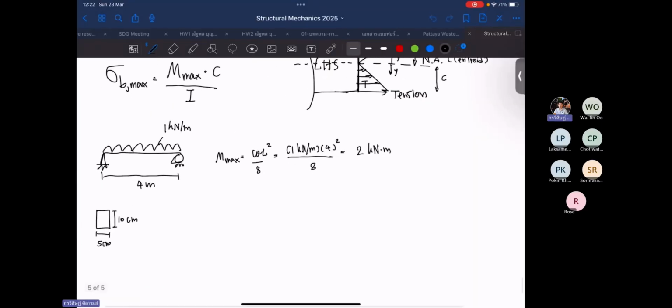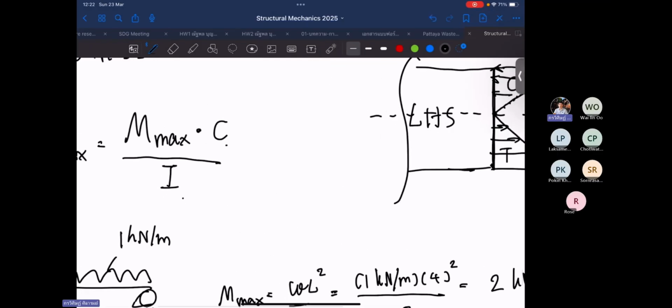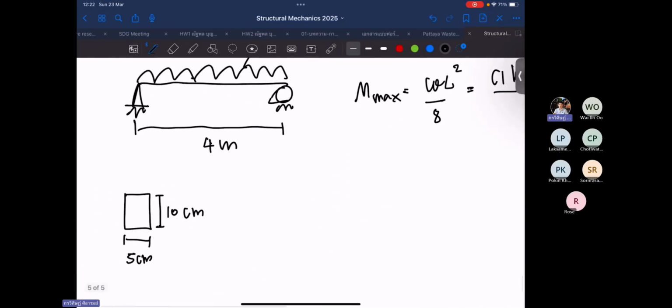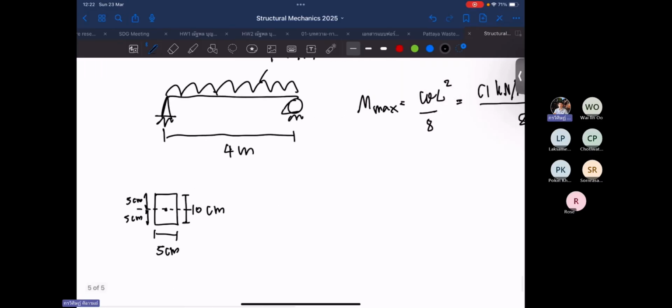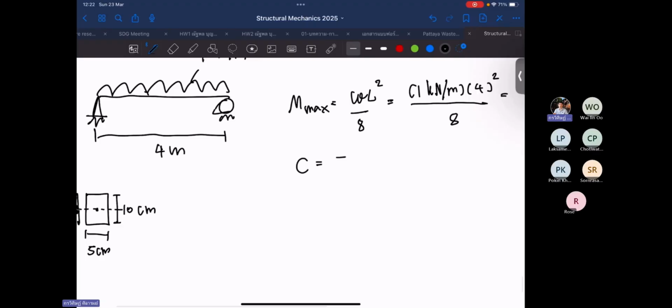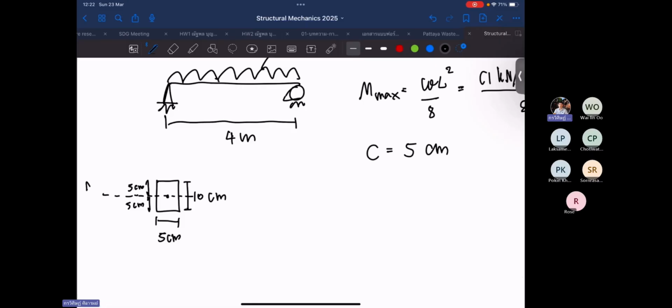Once you know the maximum bending moment, now you have to know the c and the I. c is from the neutral axis or the centroid to the far end. This one is a rectangle, so it's easy for you to determine. The farthest end is 5 centimeter, so in this case c equals 5 centimeter. This one is the neutral axis.